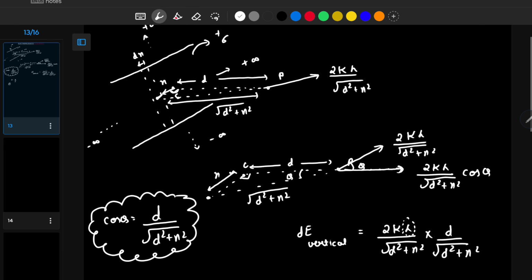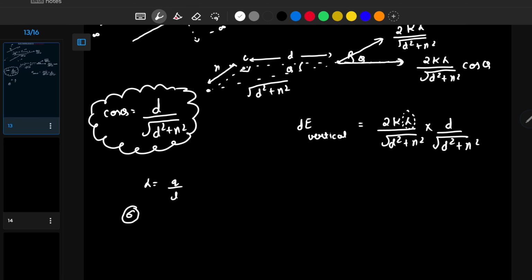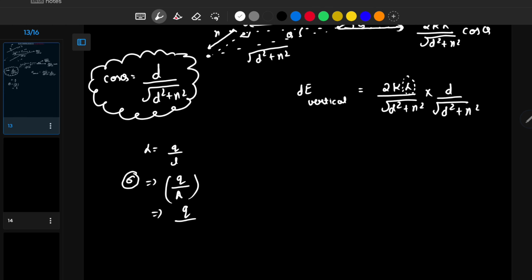Sigma is charge upon area, so for instance, it can be written as Q over L times L. I am going to multiply sigma with dx.